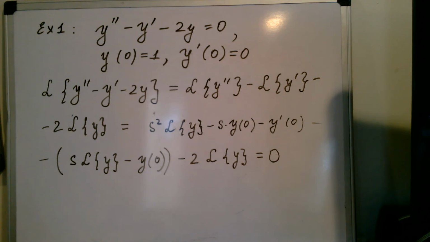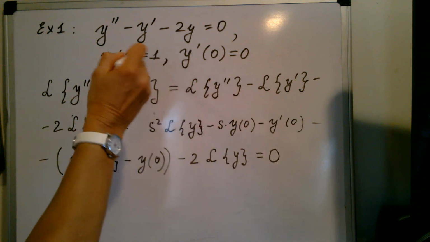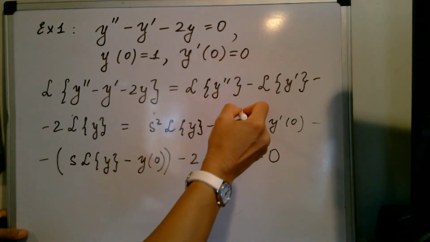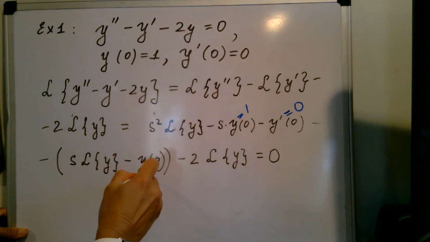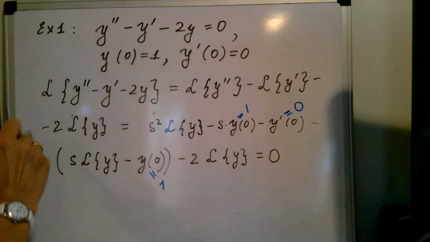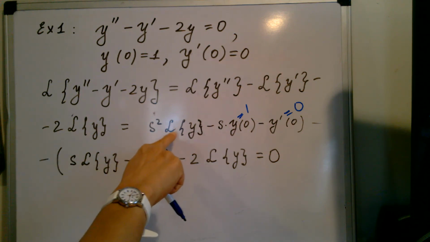Now, I do know y of 0 and y prime of 0. They are 1 and 0. Let me label them on the equation. This is 1, this is 0, this y of 0 is again 1. So if I combine everything together, how is it going to look? First, I'm going to combine all terms with the Laplace transform of y.